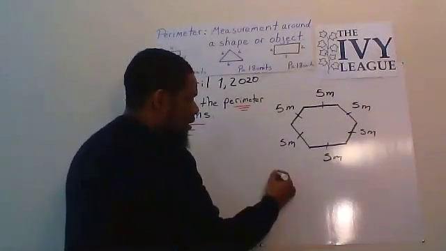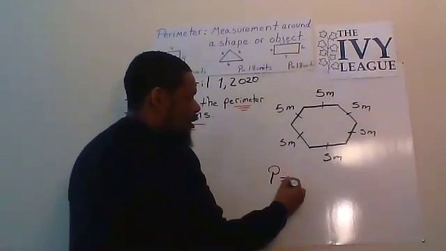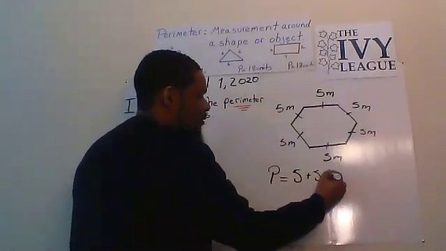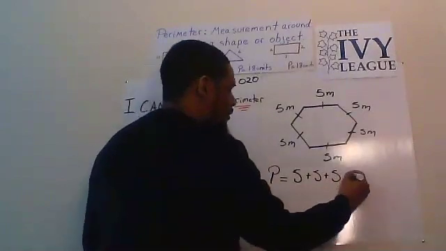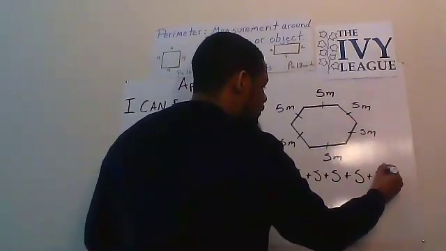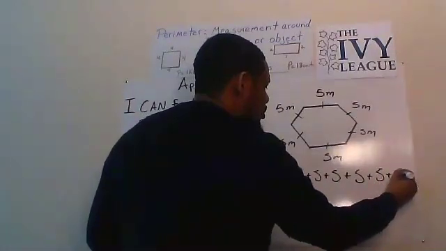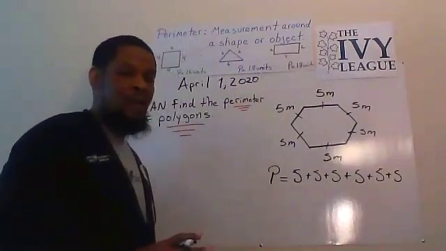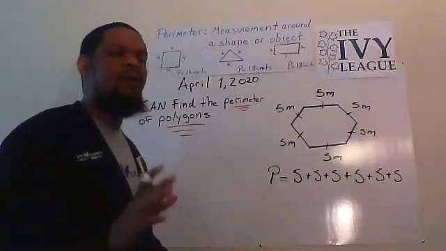All right. P equals 5 plus 5 plus 5 plus 5 plus 5 plus 5. That's a lot of 5s. Let's make sure we have how many 5s, class? 6.